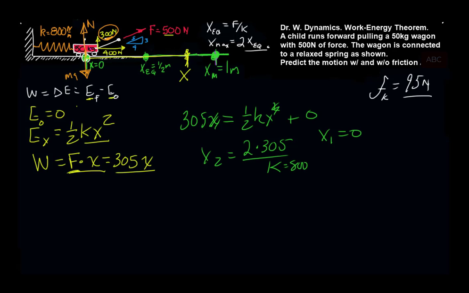So x2 will be 0.7625 meters. So if we look up here, this was a half, there's 1. It makes it just a touch past here about where this is shown. So there becomes, we'll call XC for case C. And that's as far as they could go.